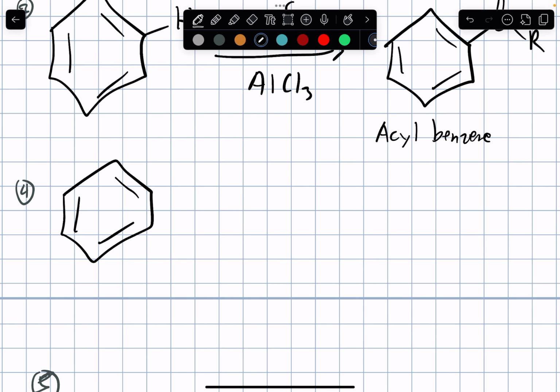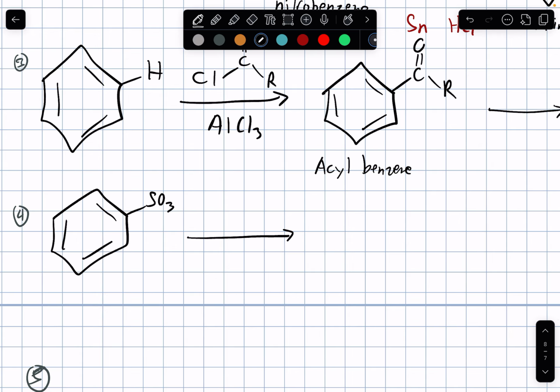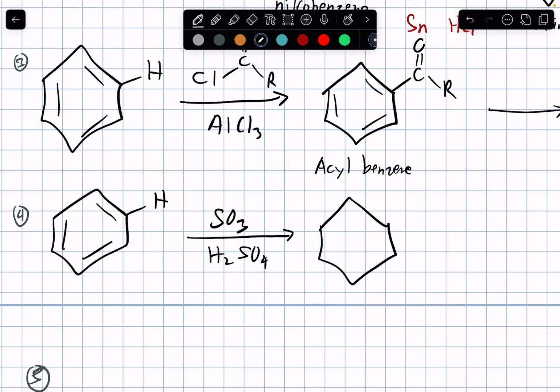Number 4. This is sulfonation. You have an SO3 group. And what is the catalyst? It is also sulfuric acid, H2SO4, and you add SO3. Then the product is going to be something similar. It's one of the common names that I advised you to memorize.